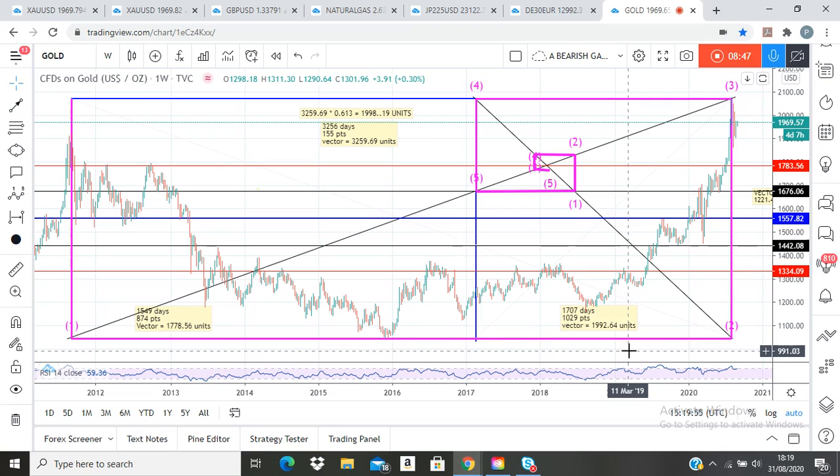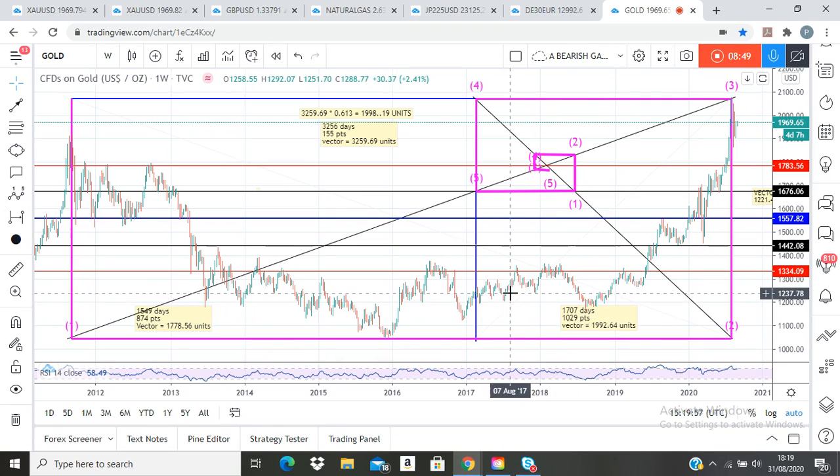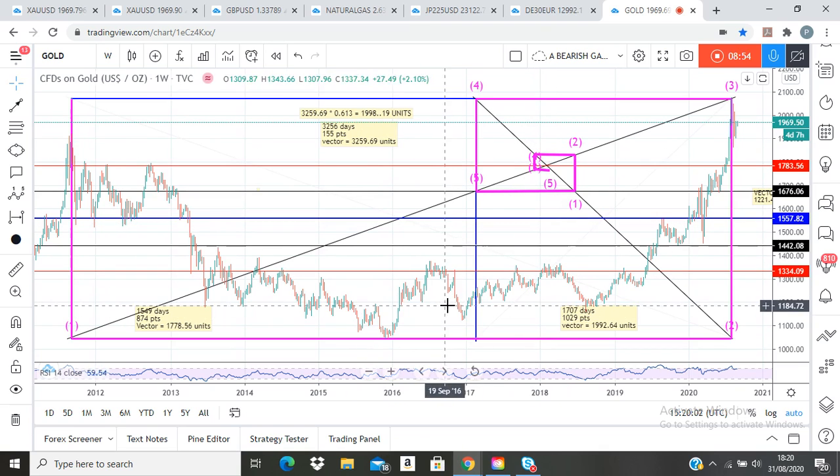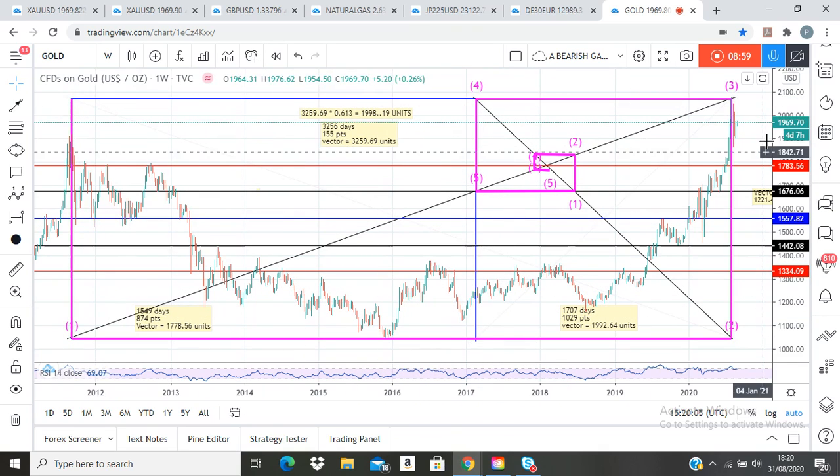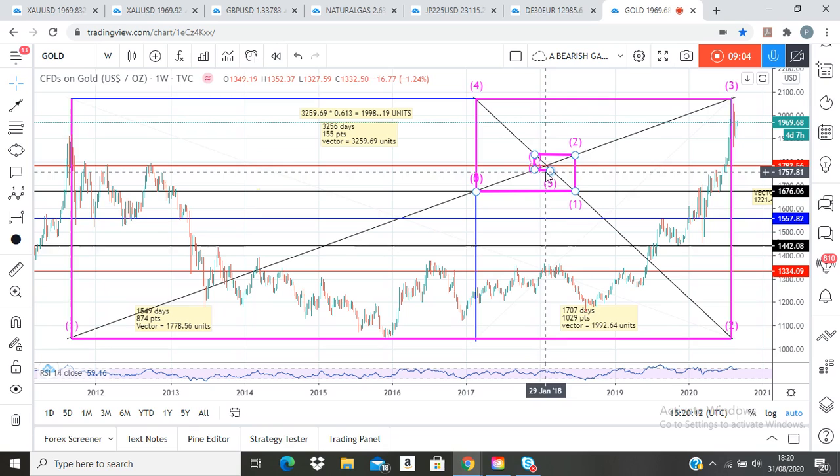So for those asking where the diagonal is, this is the diagonal in the structure. And then the vertical lines are vertical points on the time axis, and the horizontal lines are horizontal price support and resistance points.